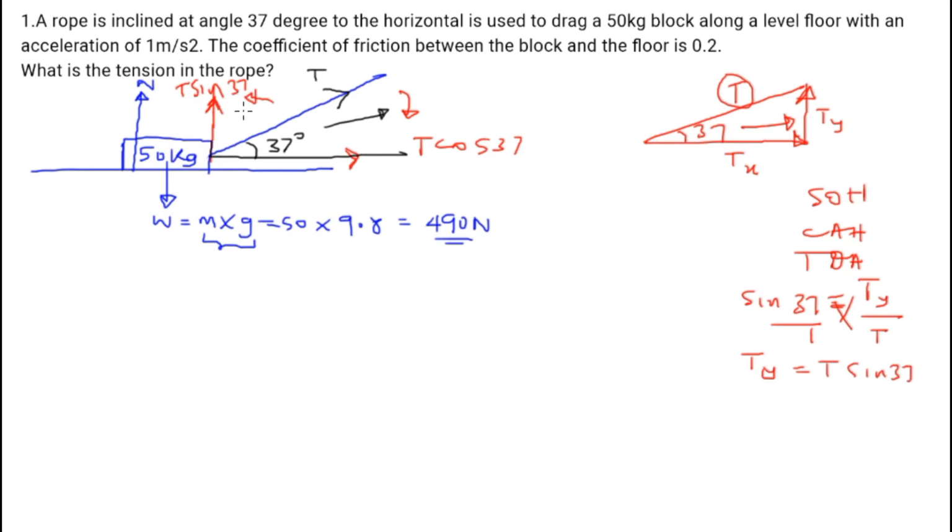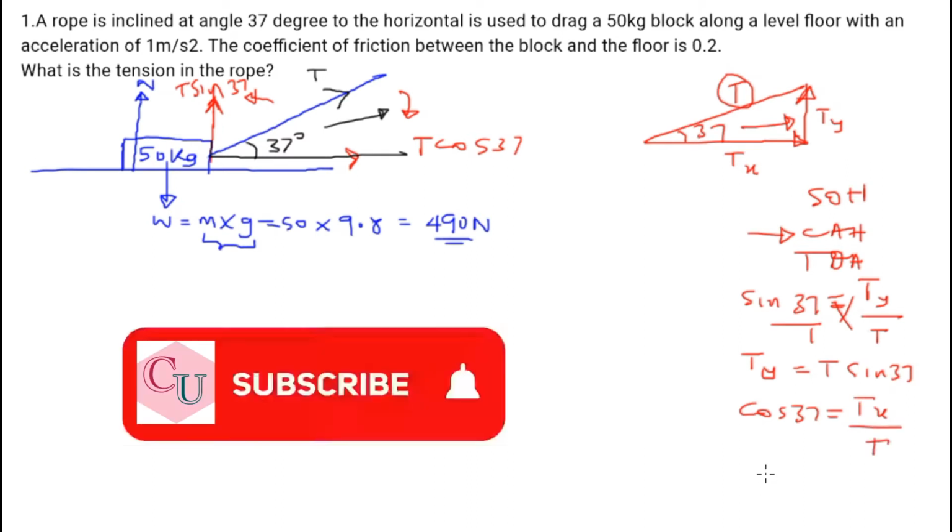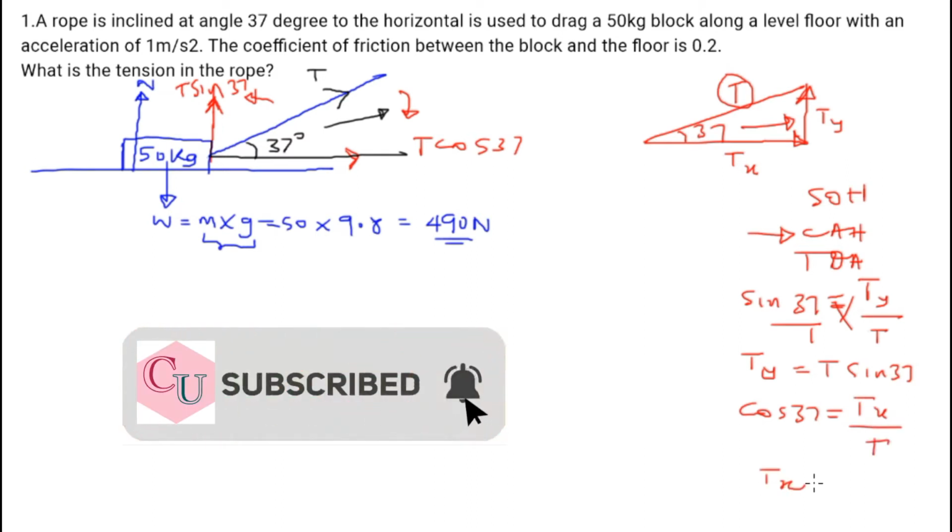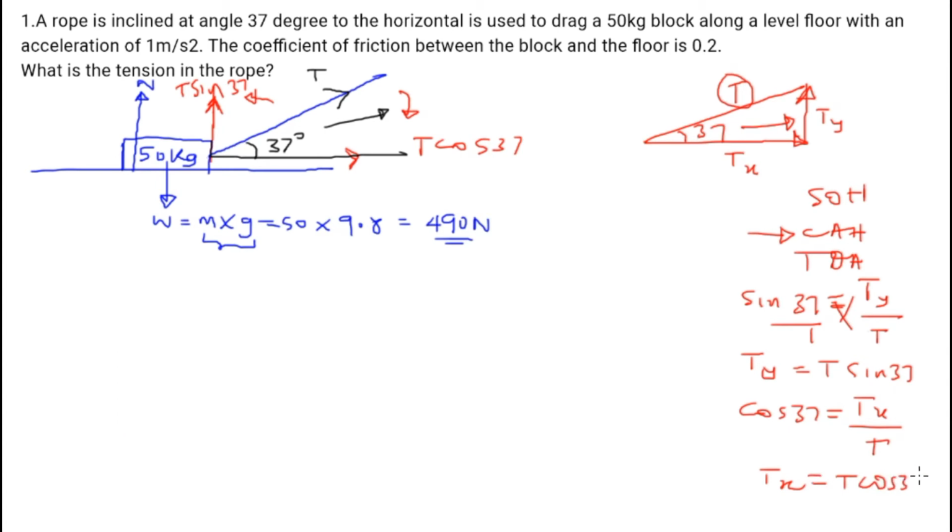That's how we arrive at this. If you make use of CAH as well, cosine of 37 degrees is equal to Tx upon T, so that Tx is equal to T cos 37 degrees. So that's how it is.